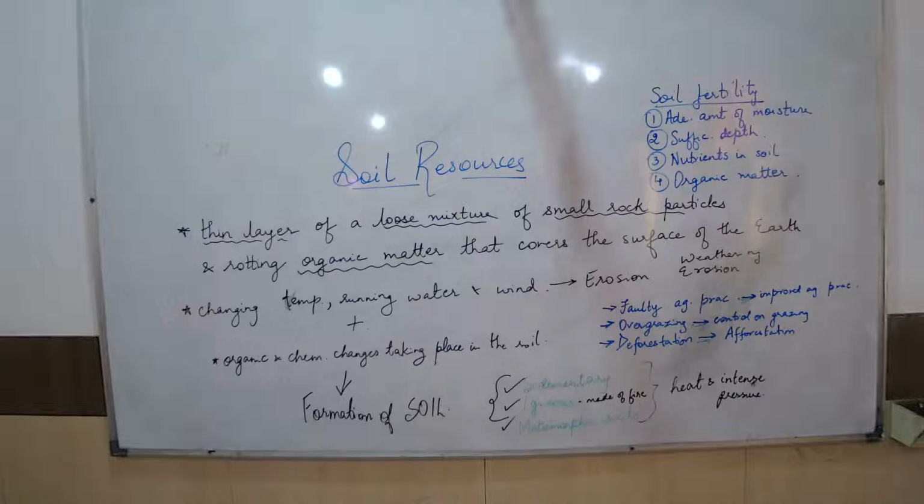This type of soil is generally deficient in nitrogen, phosphorus and humus. Correct? It will not contain humus also, because this is igneous. So igneous won't contain any organic matter. Wheat, cotton, oilseeds, millets, tobacco, pulses are mainly cultivated in red and yellow soil.